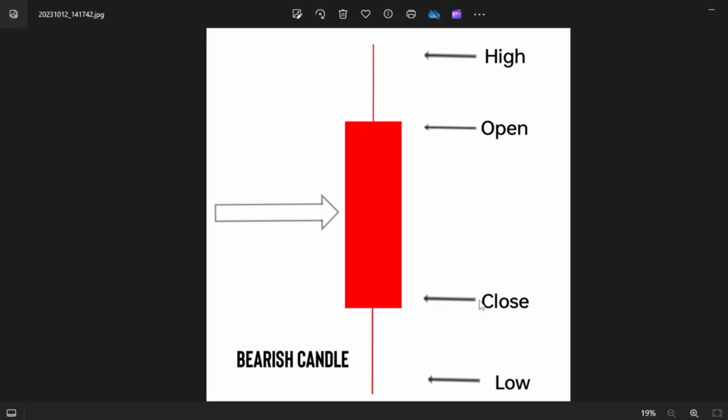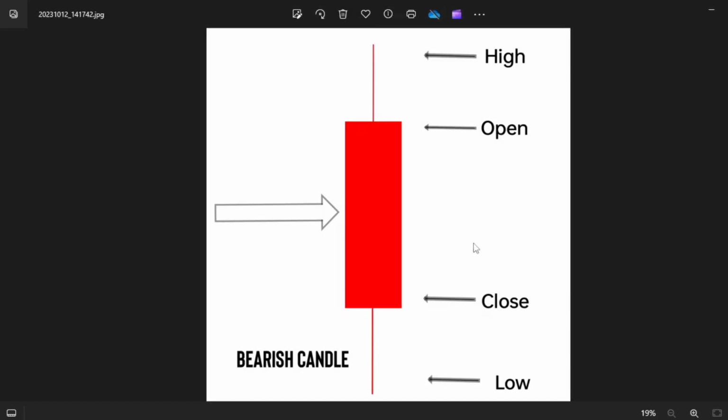The way to know a bearish candle is when a candle closes below where it opens. That is the example you are seeing on your screen. That is the concept of the bearish candle.